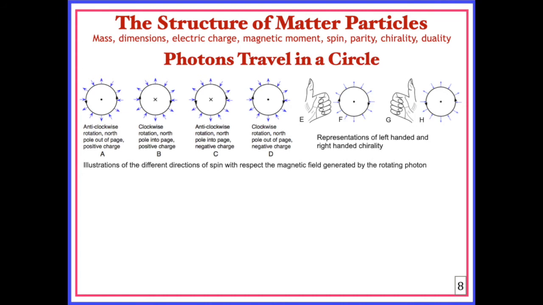In this convention, they represent a positively charged particle. Now look at A and B. They are the only two ways a right-handed chirality particle can spin with respect to the direction of its magnetic field. But they are nothing more than other side of the page images of the same structure. The spin of a particle depends upon the direction from which it is viewed. Now look at D and F.